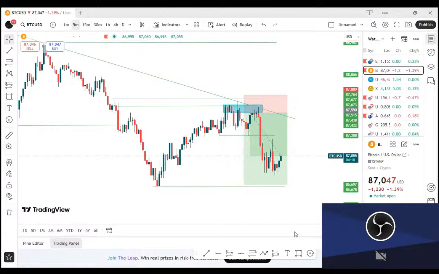And see price trying to make a rejection on that particular zone. The buyers are trying to buy on that zone, and I buy massively from there.